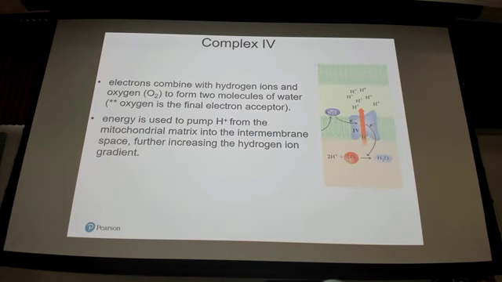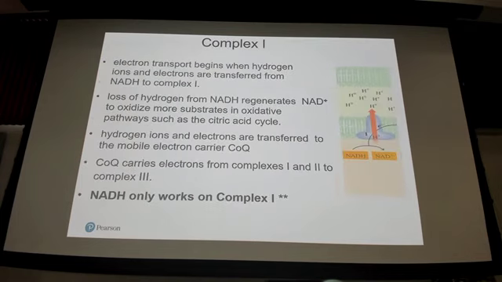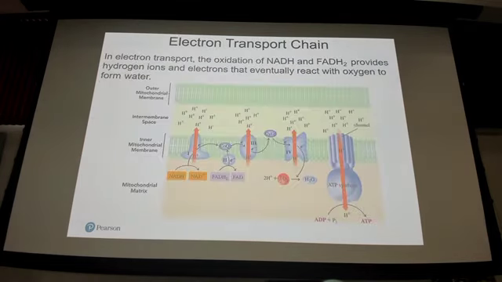So remember that complex 2 can't pump hydrogen because it's not a transmembrane spanning protein, so it cannot push its hydrogen protons into the space. So there's going to be some hydrogen and electrons floating around.